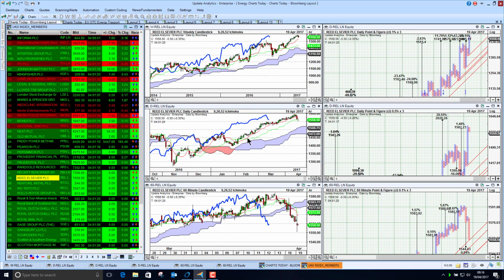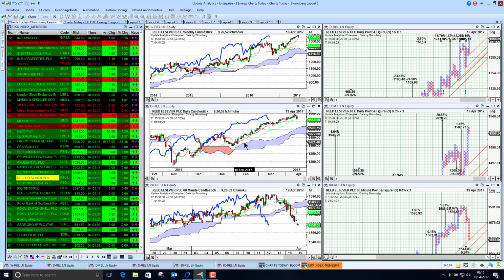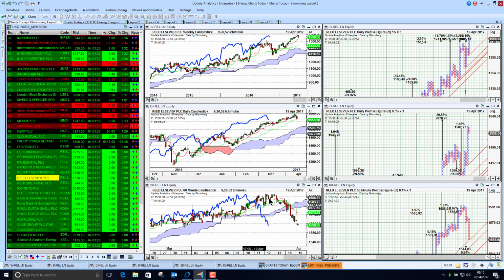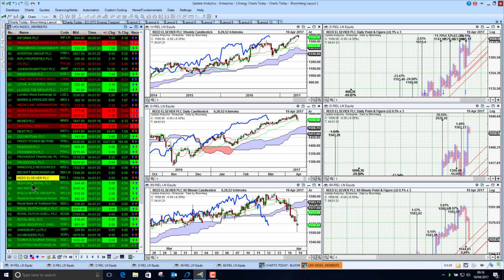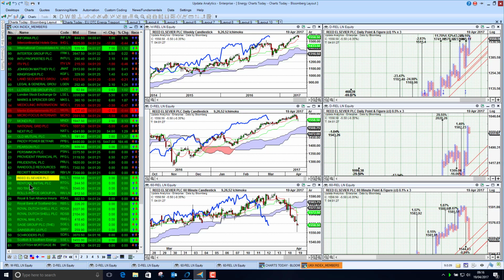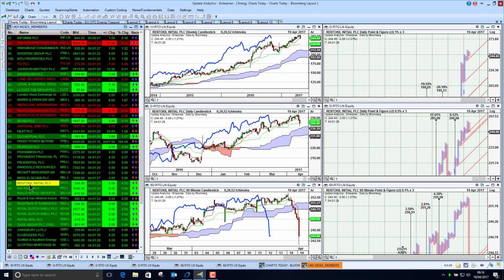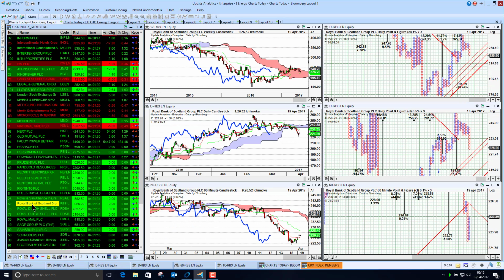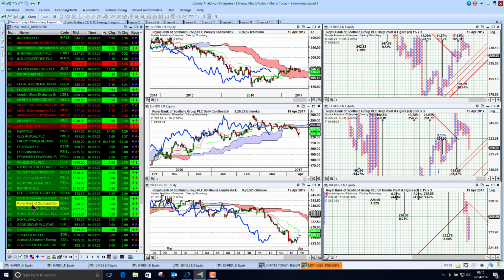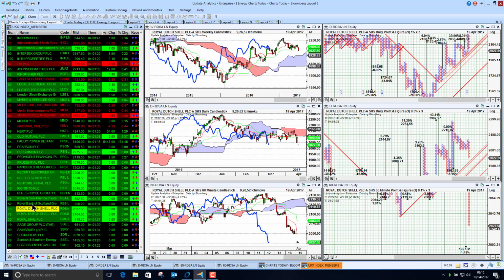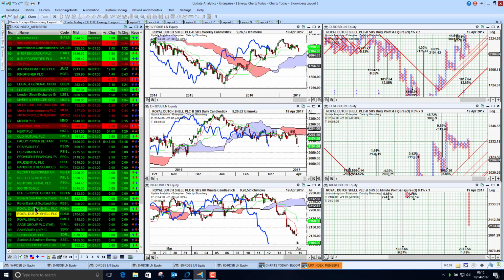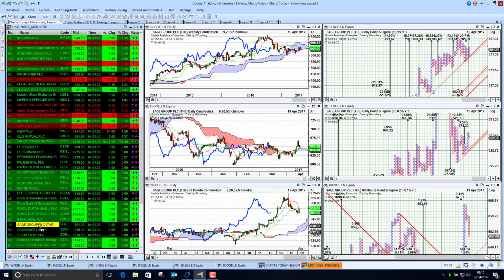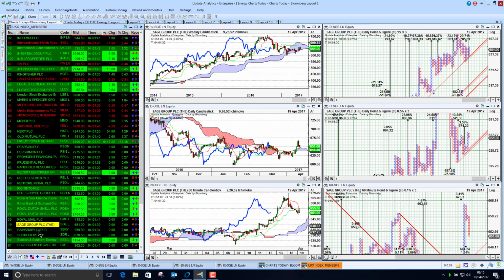Reed Elsevier was one of my scans that has been performing quite strongly over the last few months, but is just selling off again quite strongly on those foreign earnings. Rentokil Initial, the same thing, selling off very strongly on foreign earnings. RBS has just been falling in the short term anyway, and Shell, as we expect, oil having a big effect there as well. Sage Group still holding on, looking pretty strong.